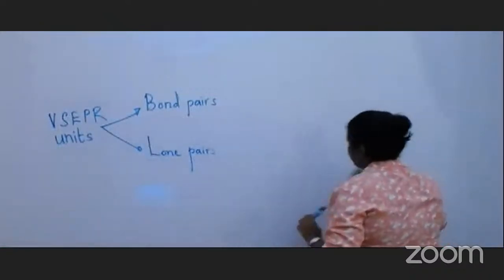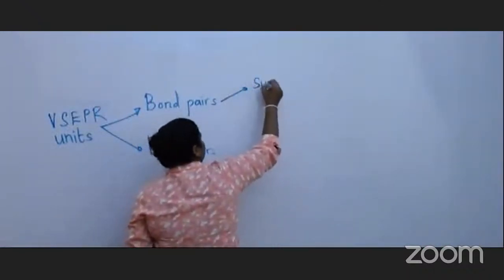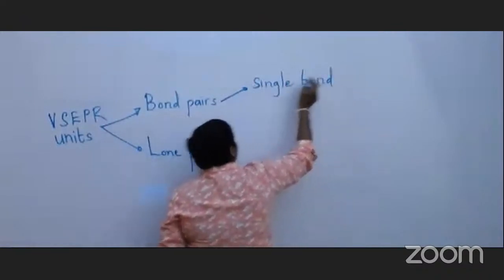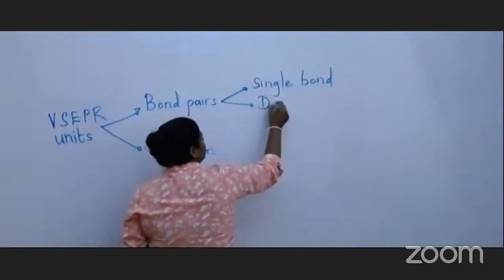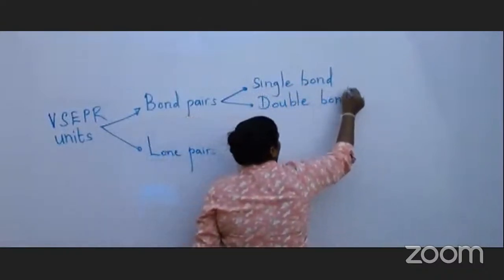Bond pairs may be single bonds, or double bonds, or triple bonds.